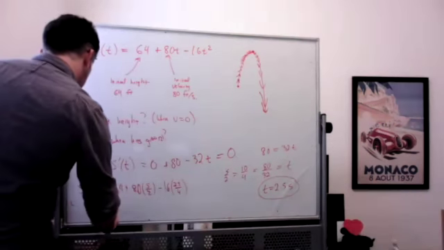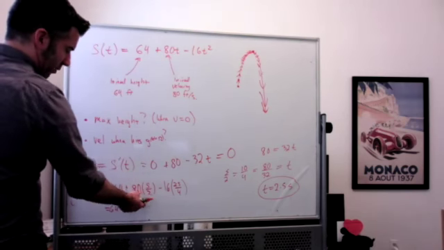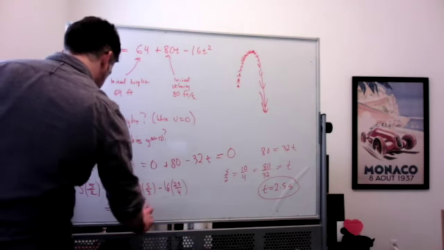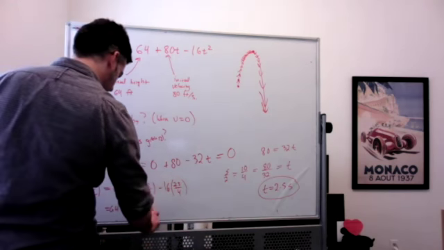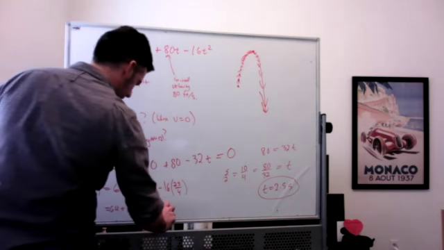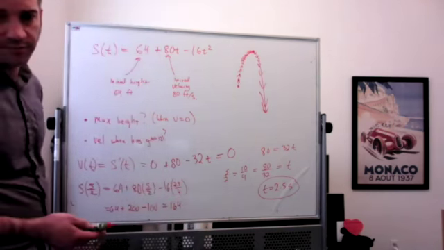So that's going to be 64 plus 80 divided by 2 is 40. 40 times 5 is 200. Minus 16 divided by 4 is 4. 4 times 25 is 100. So we end up with 64 plus 100, which is 164 feet high. Okay, that's not too bad.